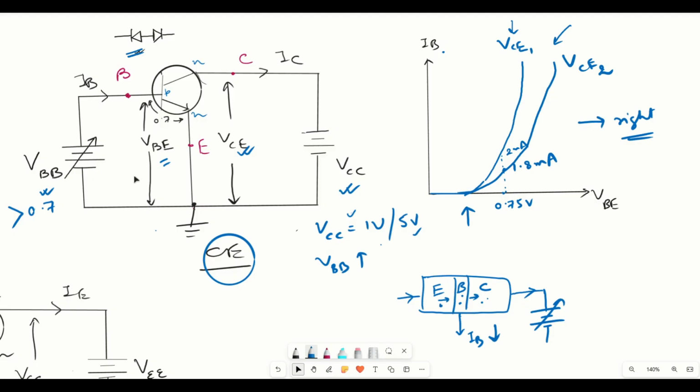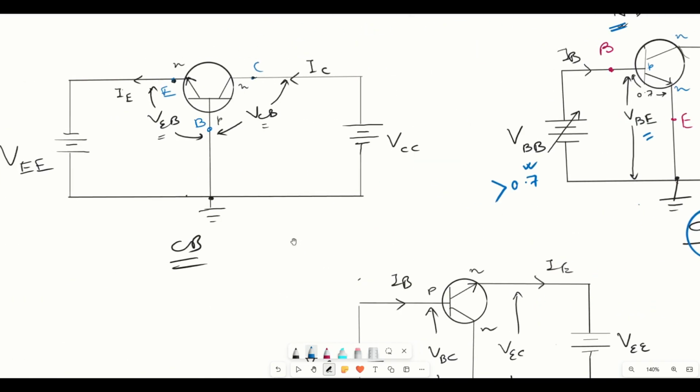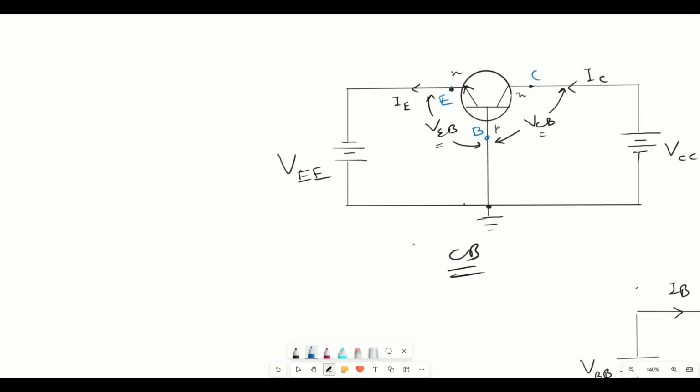So now let's see what will be the input characteristics for the common base. Moving ahead to the common base configuration, let's see what the characteristics will be in case of common base. We are discussing the input characteristics first.